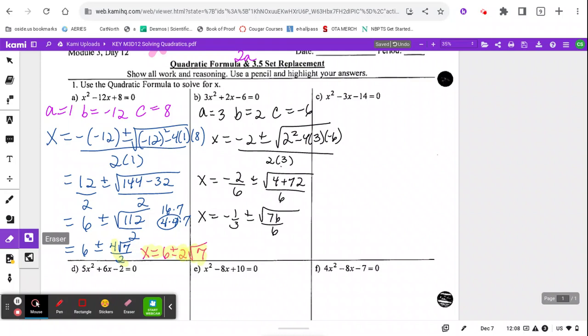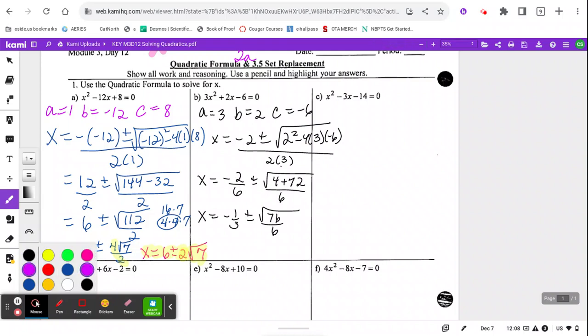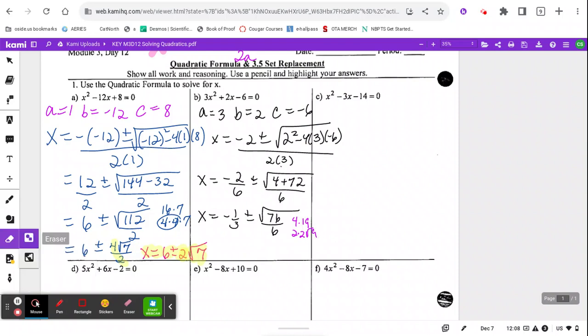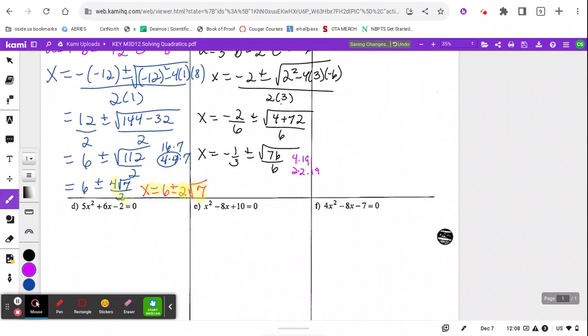So if 76 breaks down into 4 times 19 or 2 times 2 times 19, then we're going to be able to take a 2 out and leave the 19 in. So final answer, negative 1/3 plus or minus 2 root 19 over 6.